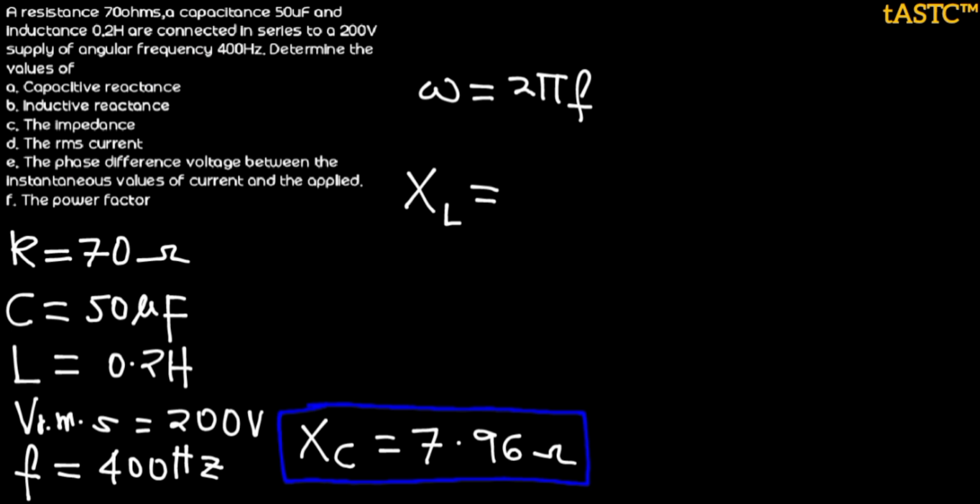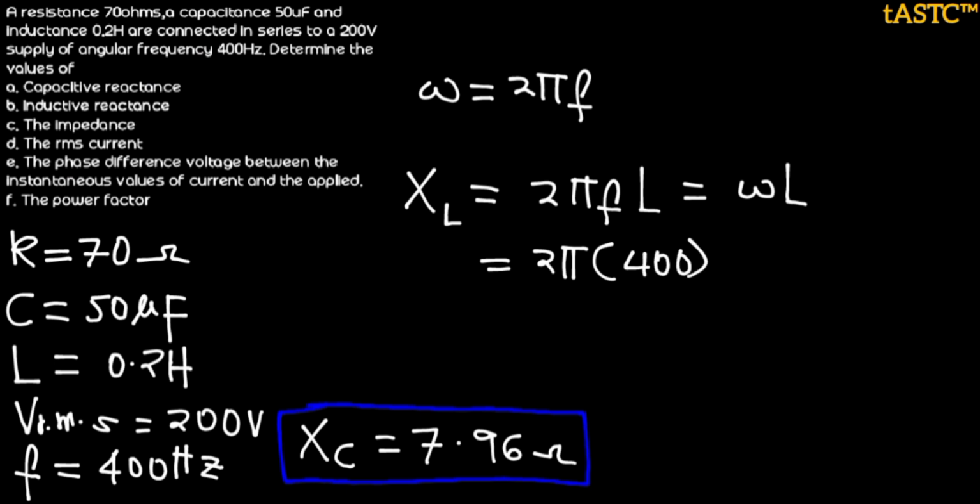Mathematically, that is represented as 2 pi f multiplied by L. Now we already know that 2 pi f is the same thing as omega, so this could also be represented as omega L. So we know that f was given as 400, and L here is given as 0.2.